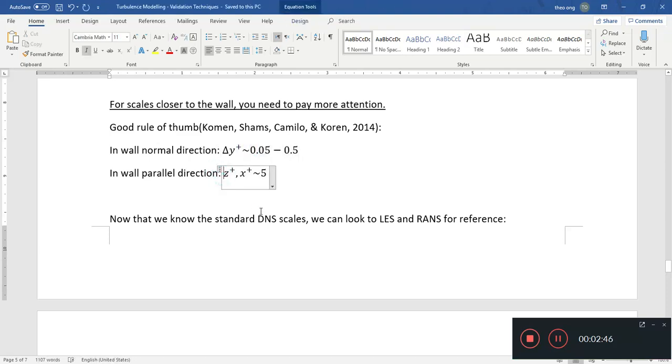In the parallel directions, delta z in the z direction and delta x in the x direction, if y is perpendicular to the wall, would be on the order of about 5.